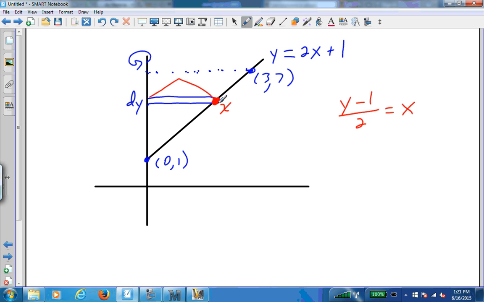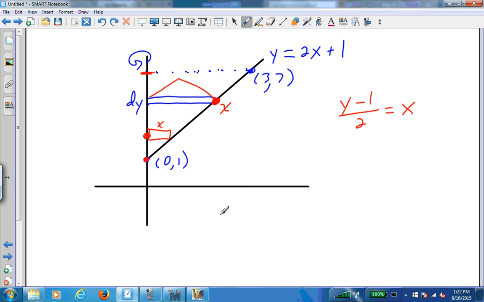If you tell me what the y value is here, I'll put it in and tell you the x. Here, y is 1. If we put a 1 in for y, 1 minus 1 is 0 over 2, so x is 0. Here, if you put a 7 in for y, 7 minus 1 is 6, over 2 is 3. So notice as this goes up, the x value is changing. It's getting wider and wider. So we want our input to be y, and that x value is going to tell us how tall that is.